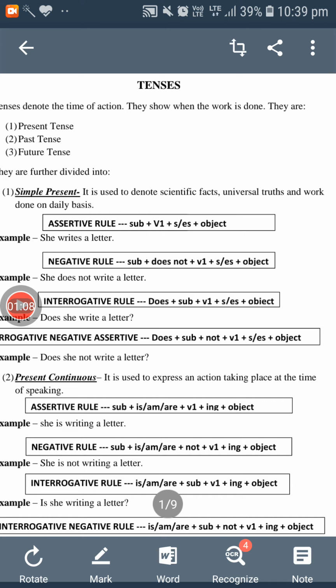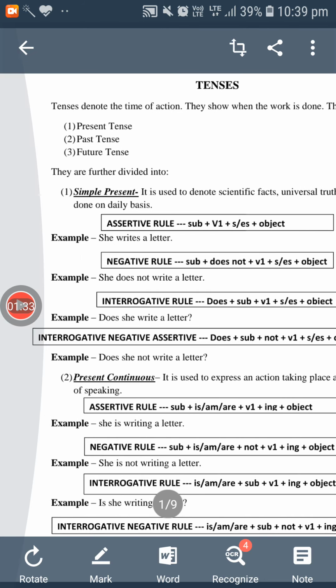For the negative rule, subject plus does not plus verb first form plus s and es plus object. Always remember we are using verb first form here. Then to make the question, the interrogative rule, does plus subject plus v1 plus s and es plus object.